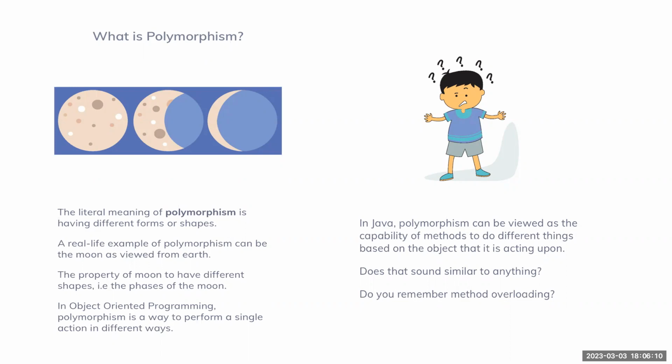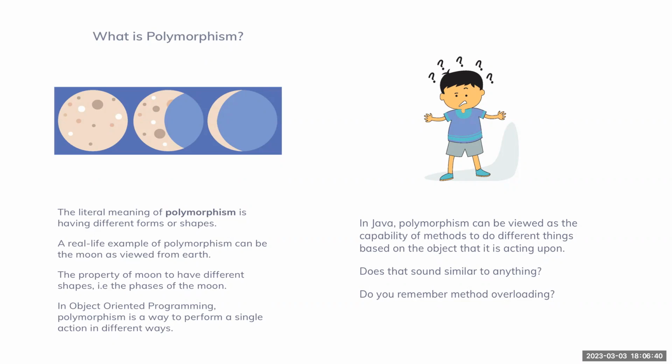In object-oriented programming, polymorphism is a way to perform a single action in different ways. In Java, polymorphism can be viewed as the capability of methods to do different things based upon the object that is acting.